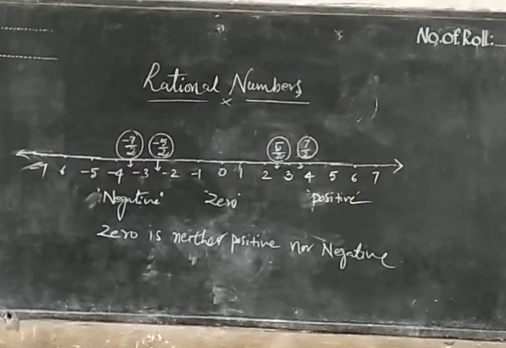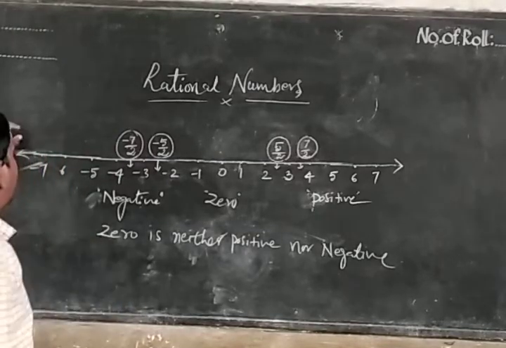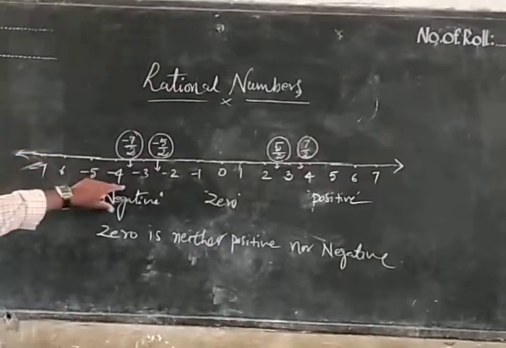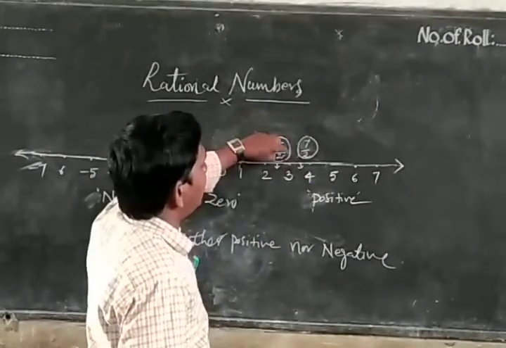For example, draw it: negative values, 0, positive values. We can represent rational numbers like that.